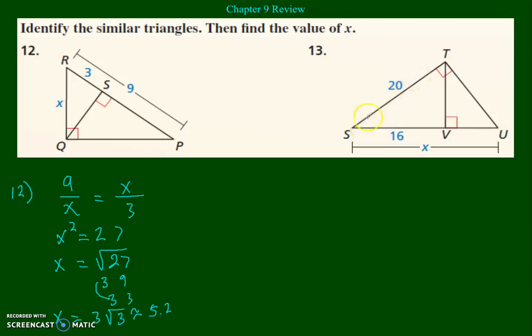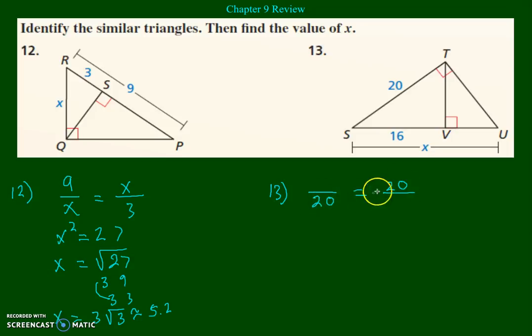All right, let's look at problem 13. Here again, we're given a leg, and the entire hypotenuse this time is what we're looking for, and we have the other segment, which is 16. So this looks like another geometric mean leg theorem. Set up the geometric mean, and the leg is the geometric mean.